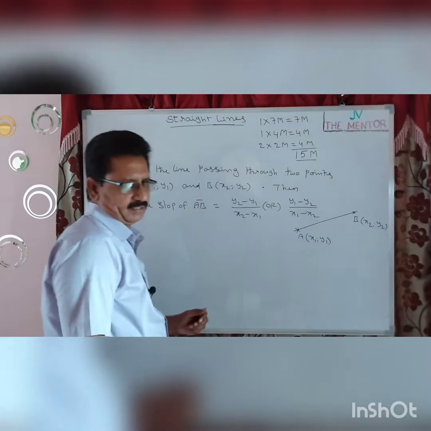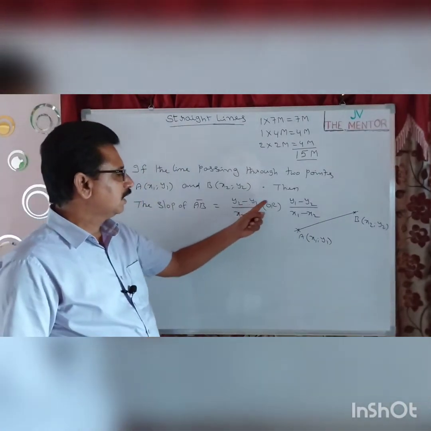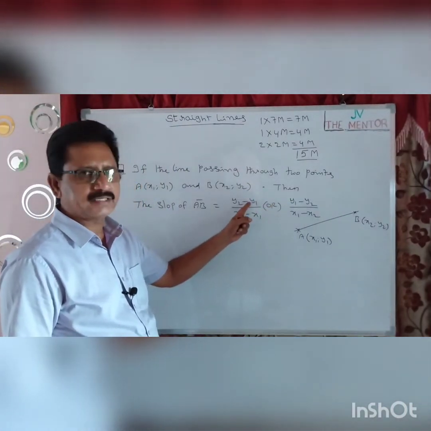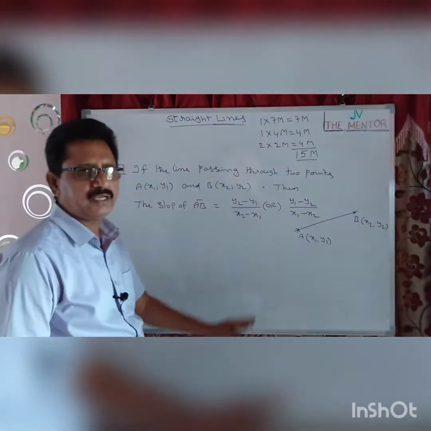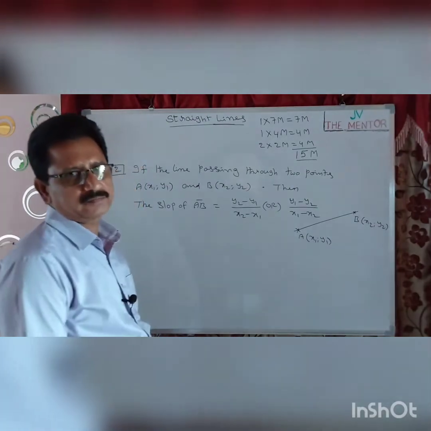Here order is important. That means the difference of the y coordinates by the difference of the x coordinates. This is the slope of the line.